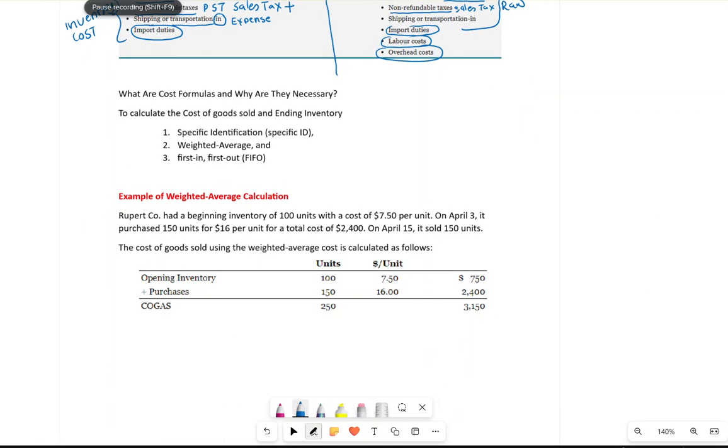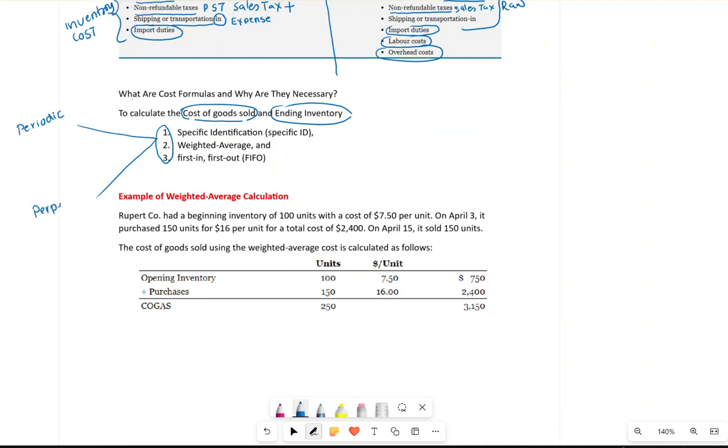So going further, what are the cost formulas and why are they necessary? The cost formula is to calculate the cost of goods sold and ending inventory. That's why we need cost formulas. Now these are the three different methods under the periodic inventory system and the perpetual inventory system.